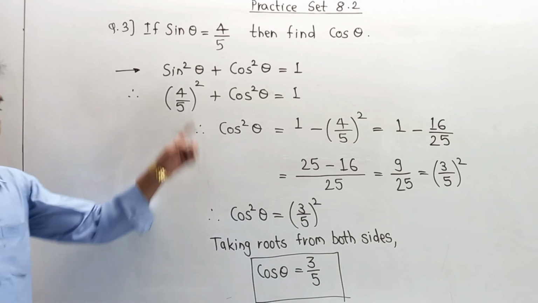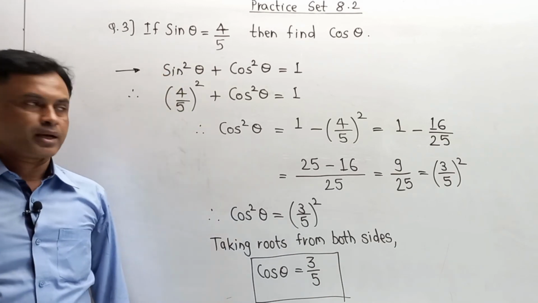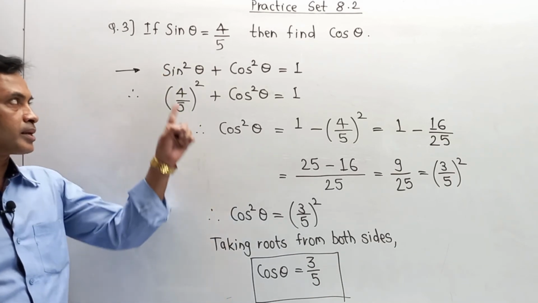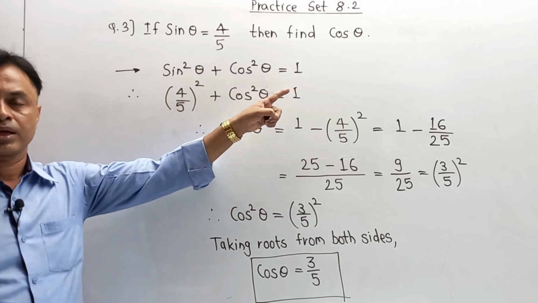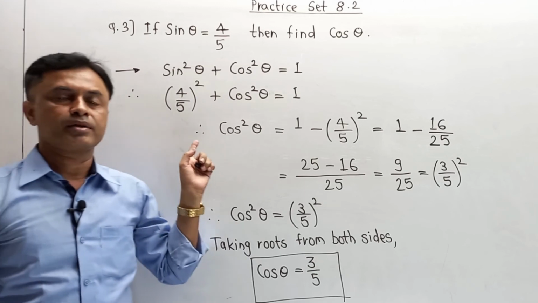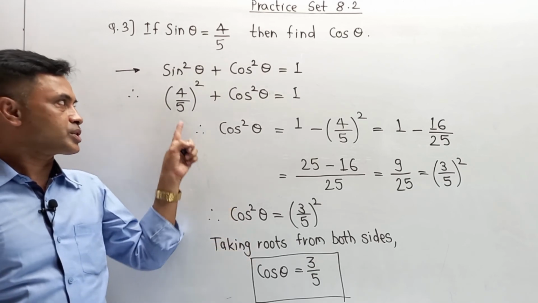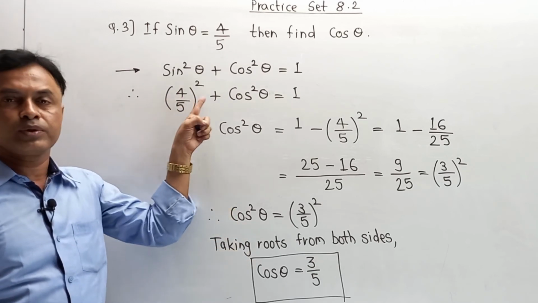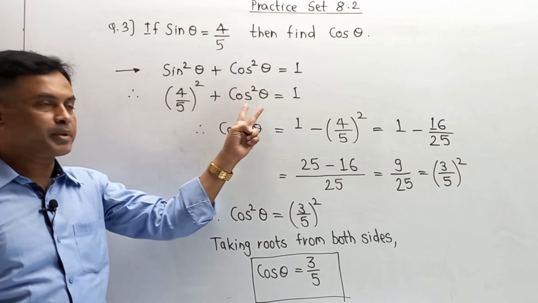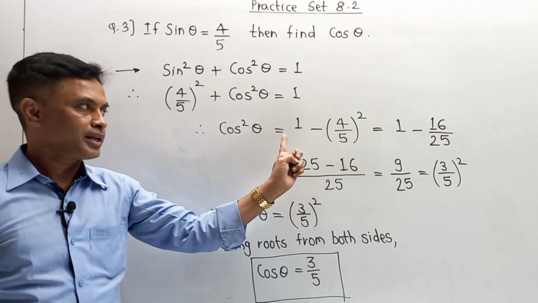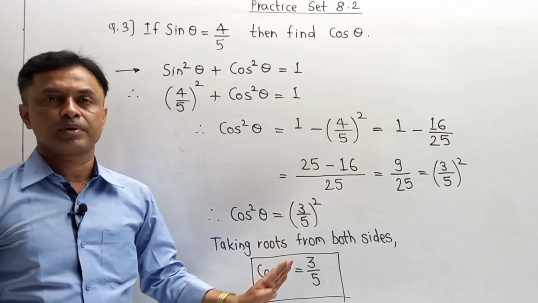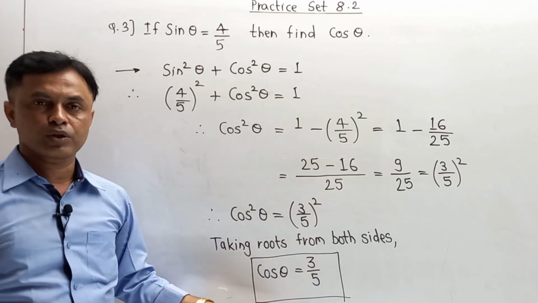In this way we can simply solve this numerical. Remember some fundamental points. First you should know this property, sin square theta plus cos square theta is equal to 1. Next, put the value of 4 by 5 in the bracket square, and shift the remaining part to the other side. Next, calculation in terms of simplification, and in this way we have to solve it.